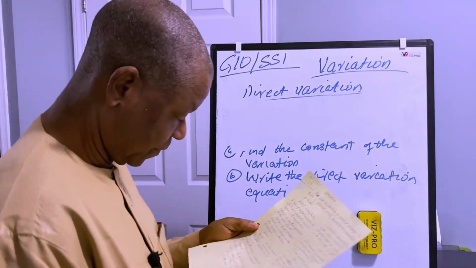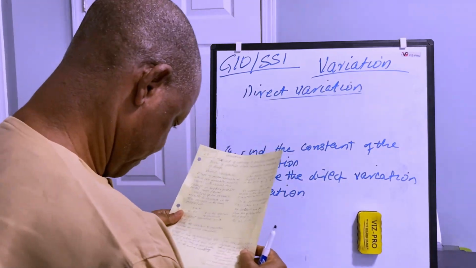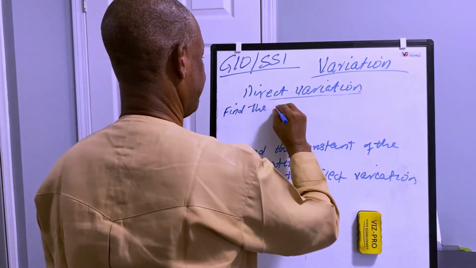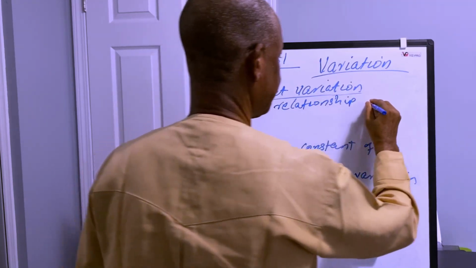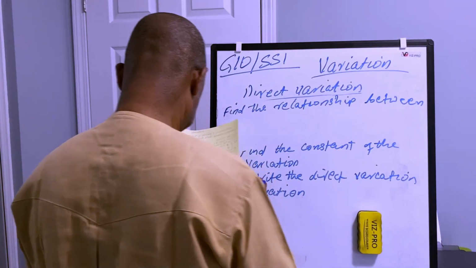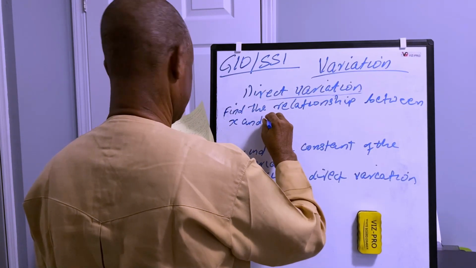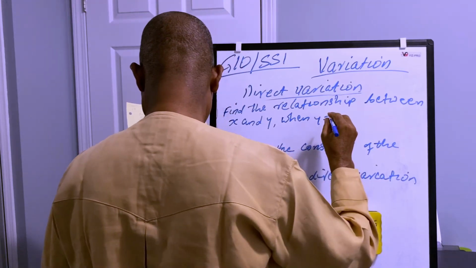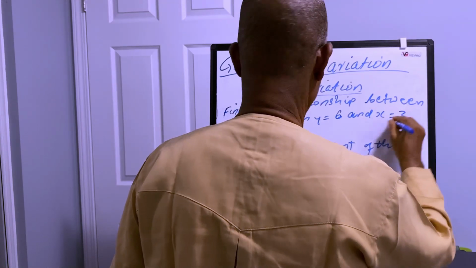Example 2. We are expected to find a relationship between x and y when y equals 6 and x equals 3.